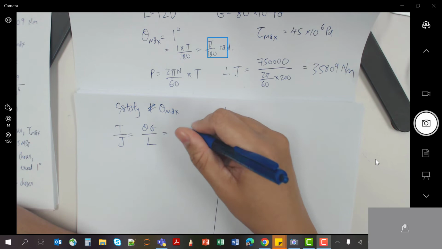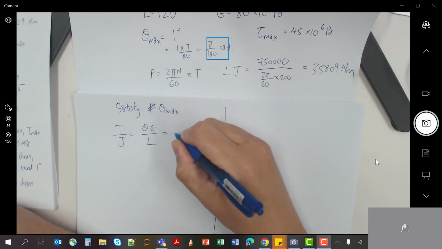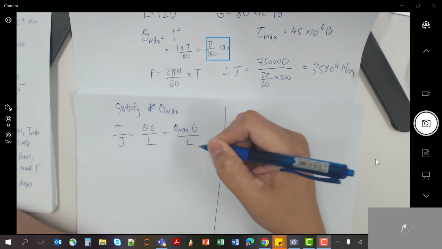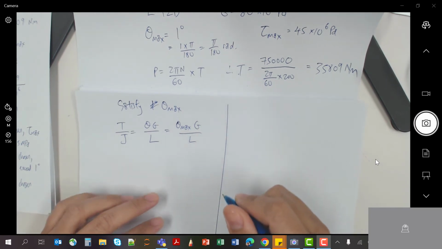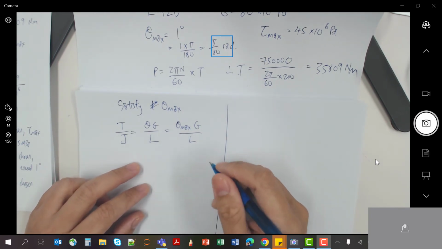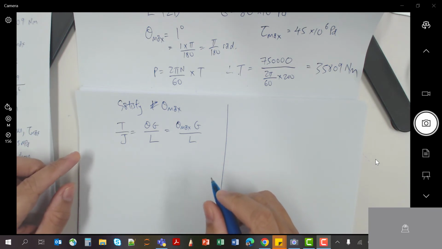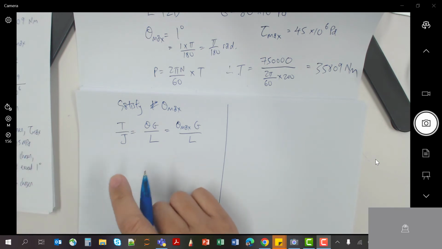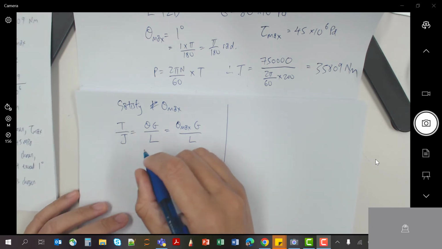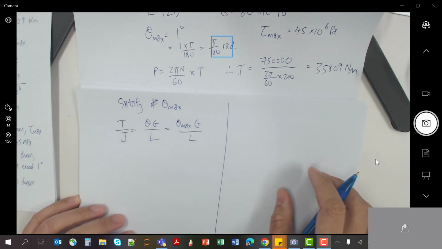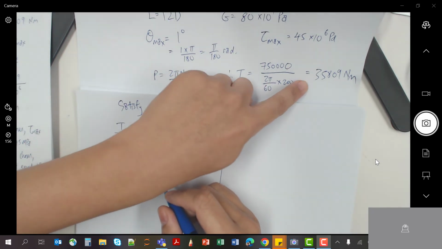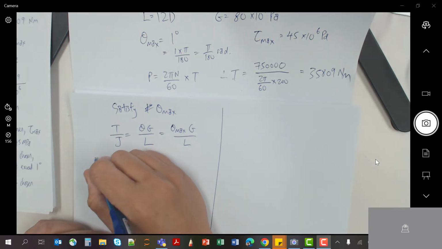So this theta is your theta max. The torque is this value, 35809.